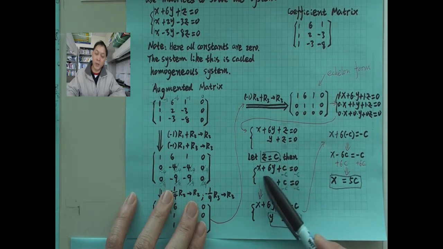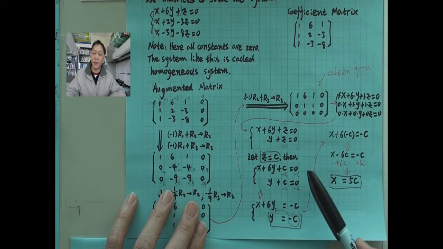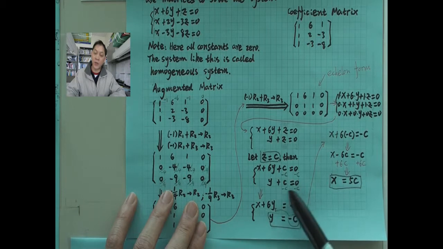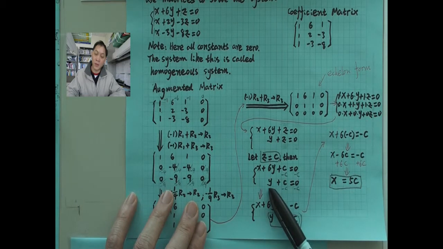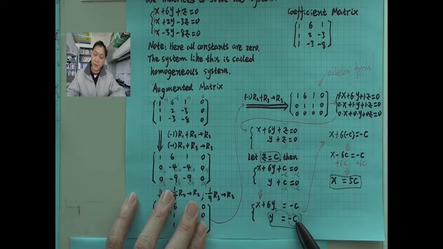Then the left will be x plus 6y right here. Right hand side is just negative c. Minus c on both sides for the second equation, you cancel positive negative c. So y is the only term on the left. Right hand side, 0 minus c is negative c. Now look, y is negative c. You may do the back substitution, put this negative c inside.